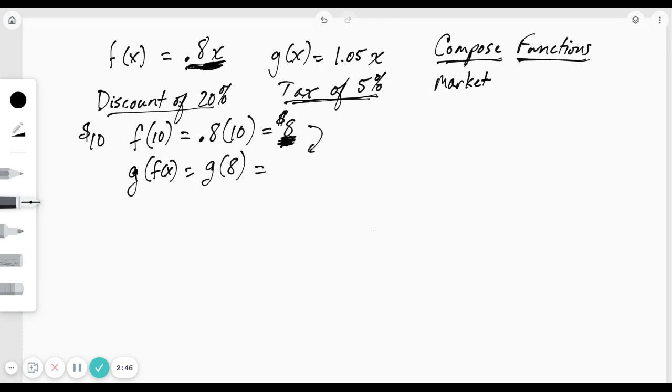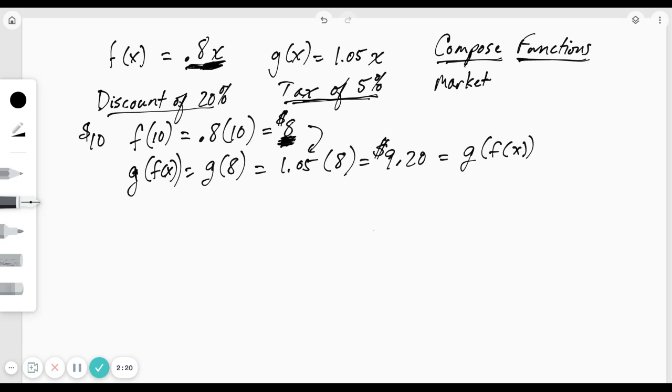So we plug the 8 into the G function, which is 1.05 times X, which we know is 8. And we end up with a total cost after tax and with the discount of $9.20. So you see how we compose one function of the other. So in the end, this equals G of F of X.